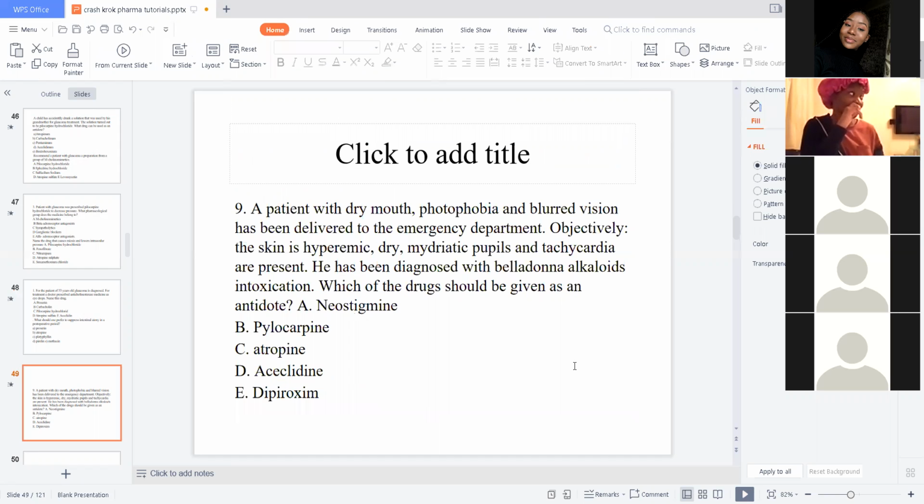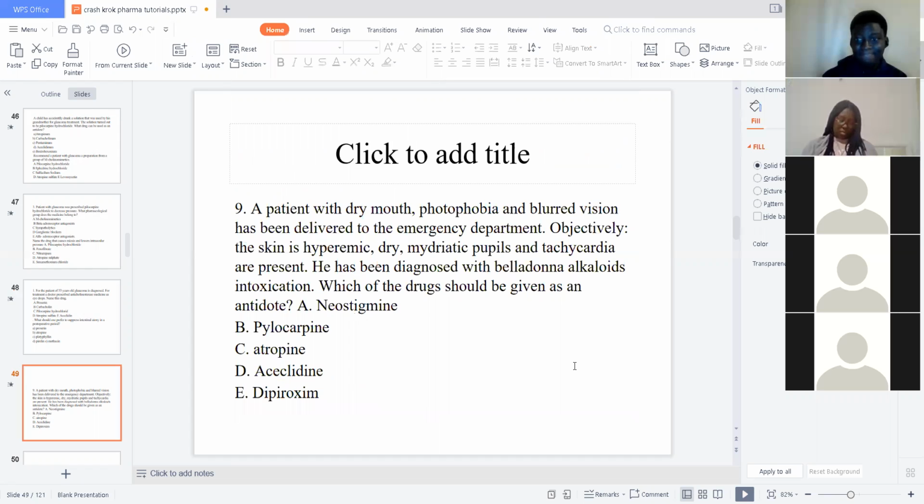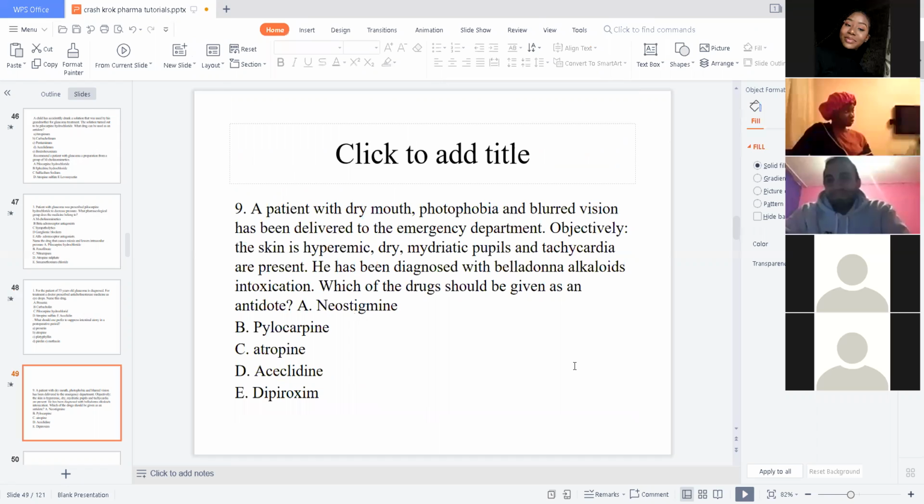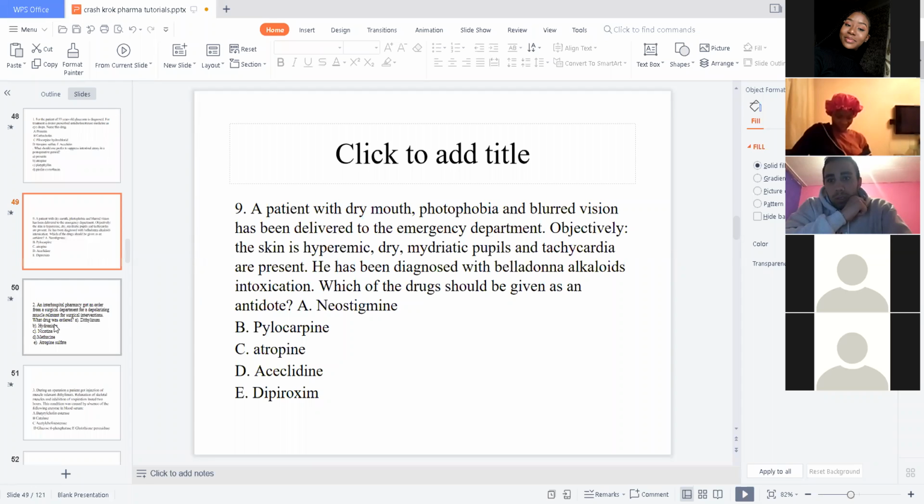Okay, next question. Amin, your question. A patient with a dry mouth, photophobia, and blurred vision has been delivered to the emergency department. Objectively, the skin is hyperemic and dry. He was diagnosed with alkaloid intoxication. Which drug should be given?